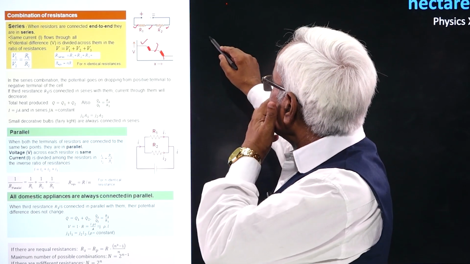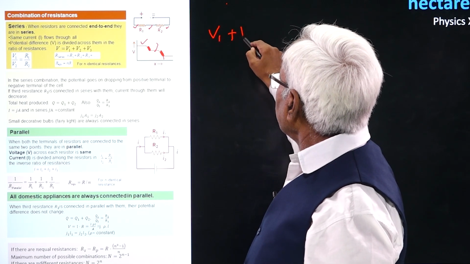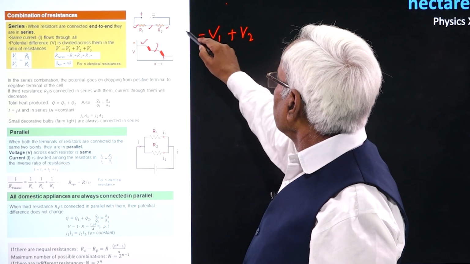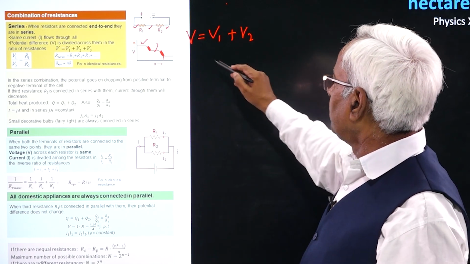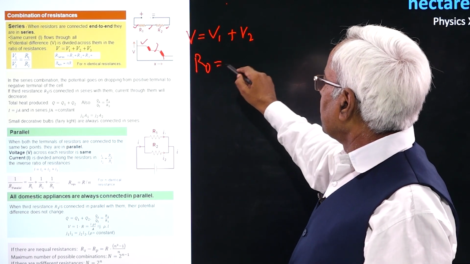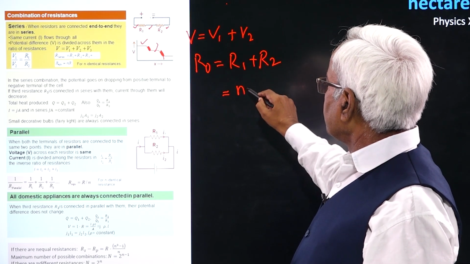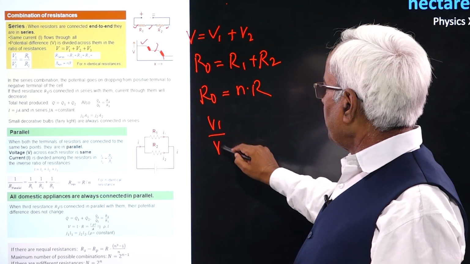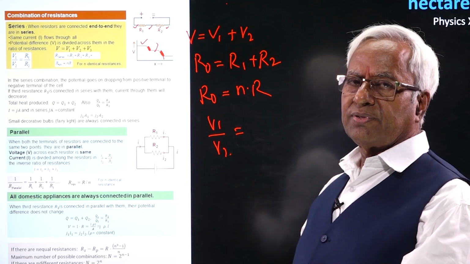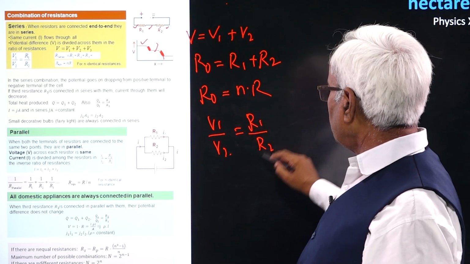In series combination, the total potential will be added. The potential difference on each is combined in order to get the total potential difference, or the voltage. Similarly, the resistance will be R1 plus R2. For n equal resistances, it's going to be nR. If you want to compare the potential differences across the resistances, the ratio is going to be R1 upon R2.